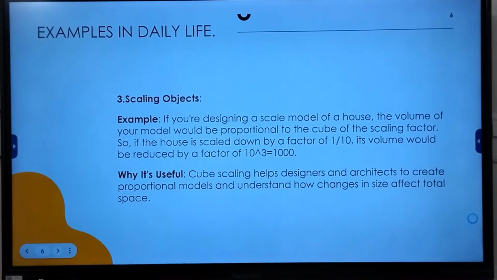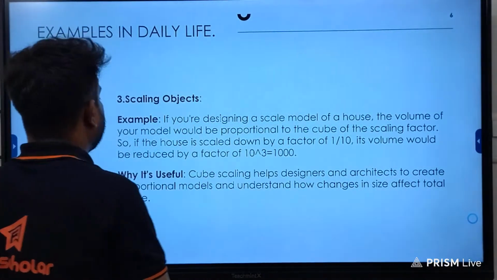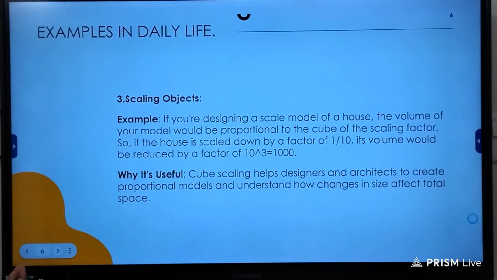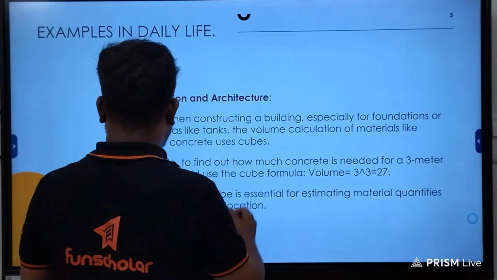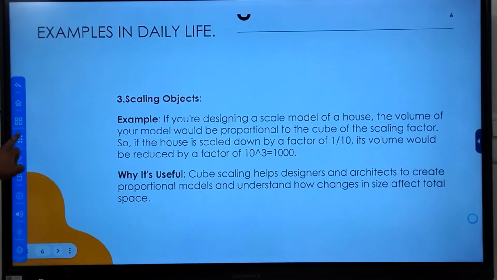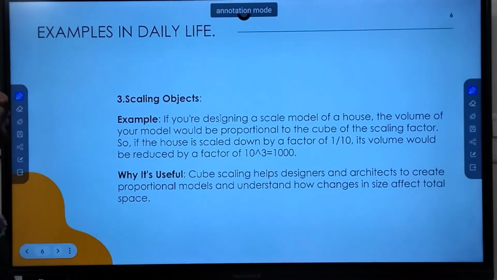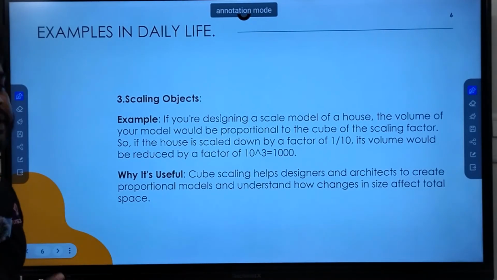Again, scaling objects. If you are designing a scale model of a house, the volume of your model would be proportional to the cube of the scaling factor. So if the house is scaled down by a factor of 1 by 10, its volume would be reduced by a factor of 10 to the power 3, that means 1000.